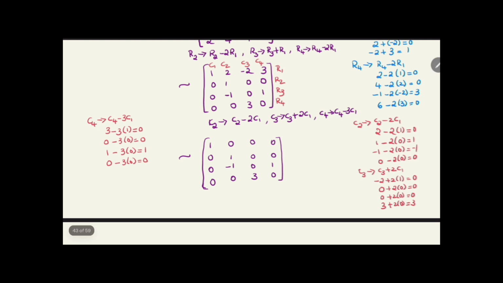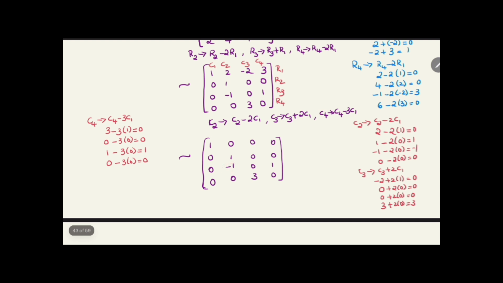Now what is step 4? After these are made 0, step 4 is we have to come back to this element, which is already 1. So no need of any kind of operation. Now but below this we have to make these elements 0. This is already 0, so forget about it. Now we have to make this 0.